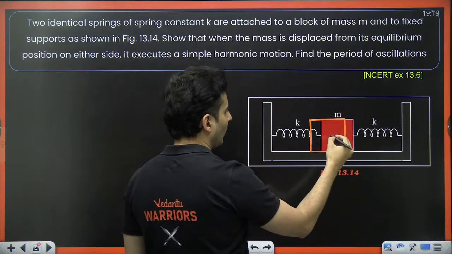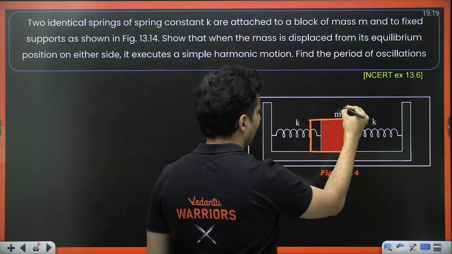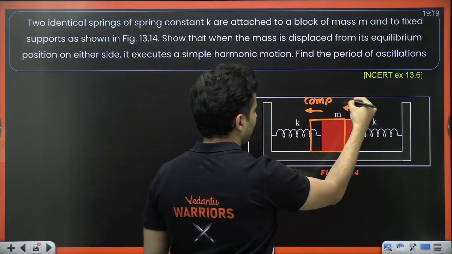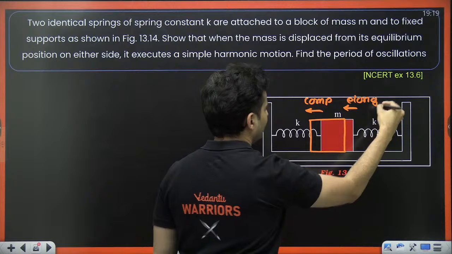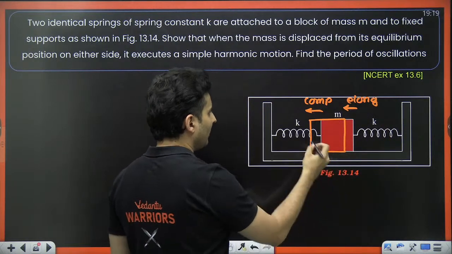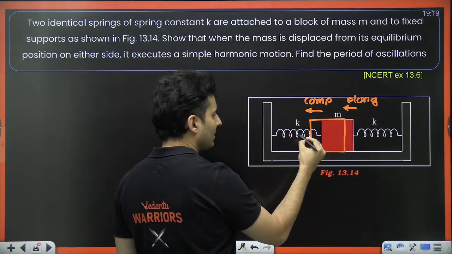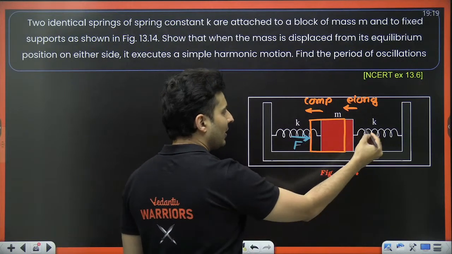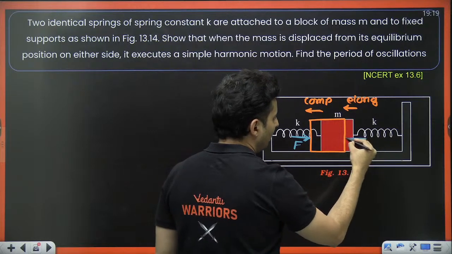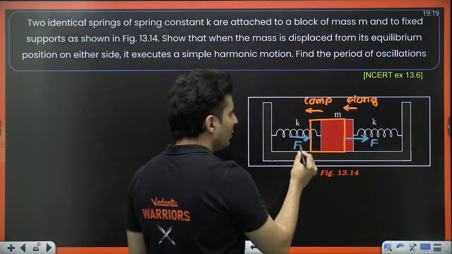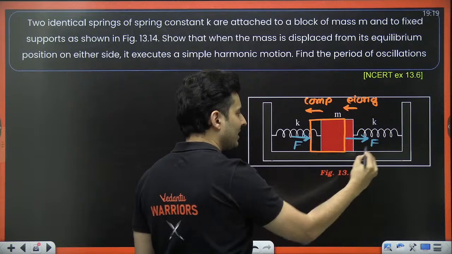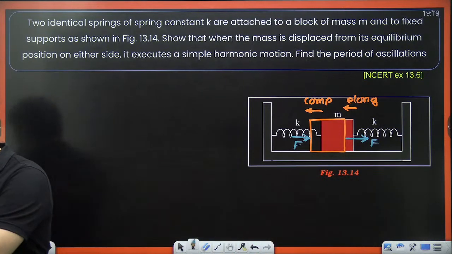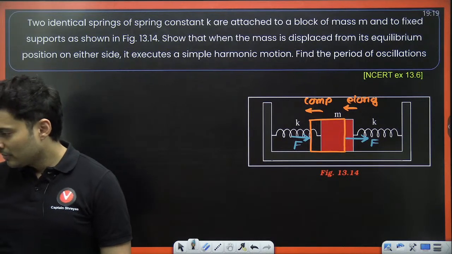This spring is getting elongated. Because of which, what will happen? This spring, because it is compressed, will apply a force in this direction. And because this spring is elongated, it will pull in this direction. Don't you see the forces are in the same direction? Awesome. Yes, very good.